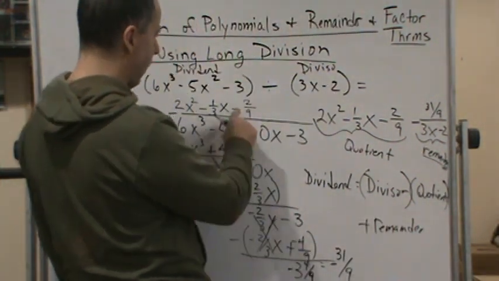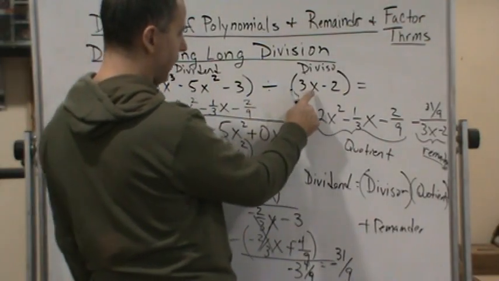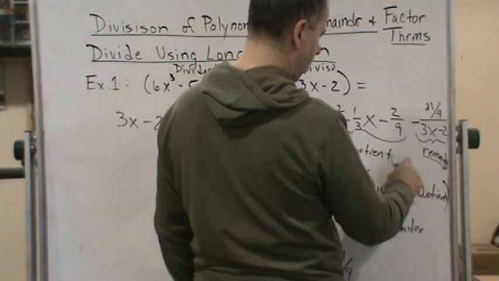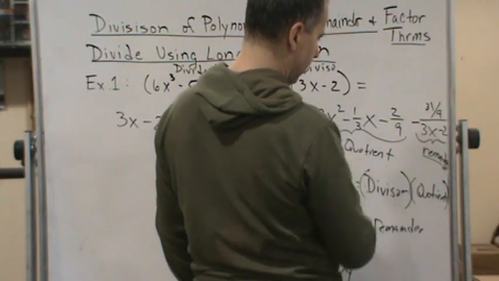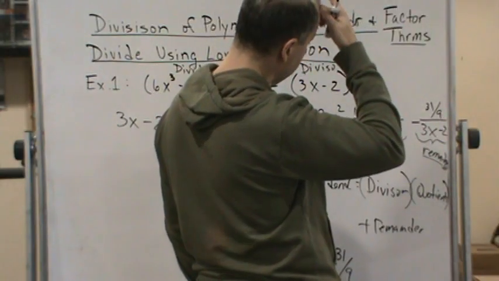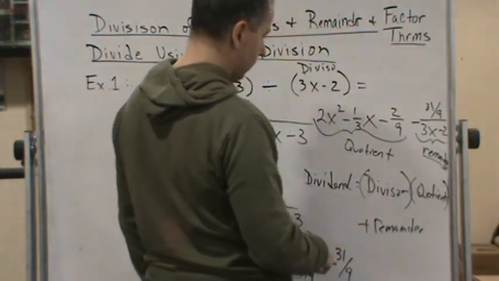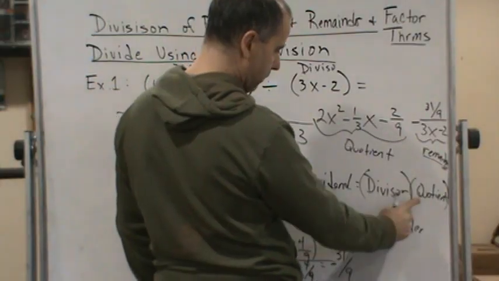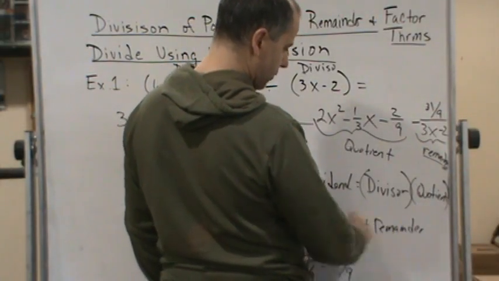So either way, we can write it as the dividend divided by the divisor is equal to the quotient plus the remainder divided by the divisor, or we can write the dividend is equal to the divisor times the quotient plus the remainder.